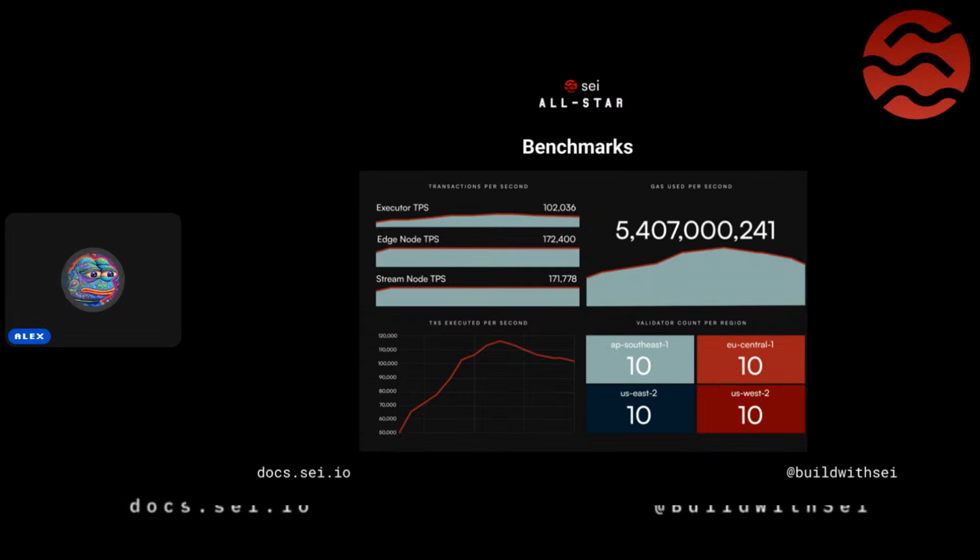And then our edge nodes, the stream nodes or the validator nodes, are pretty much on par with 170,000 transactions per second. But I think these benchmarks are only going to get better, and I can definitely say that.